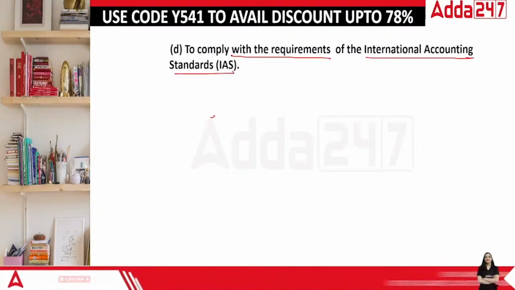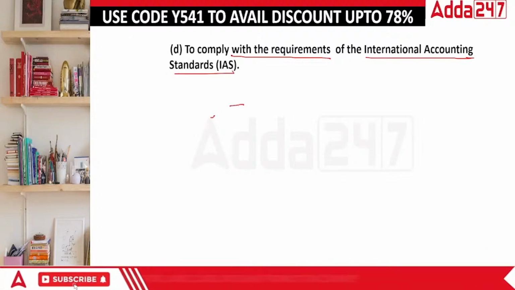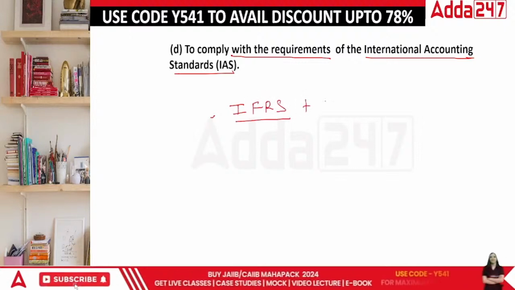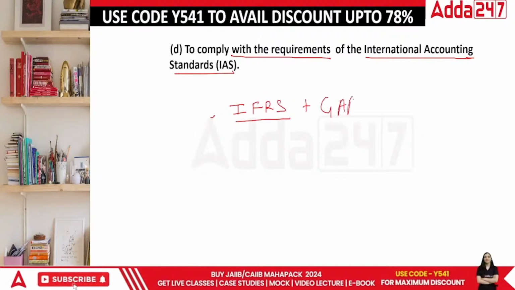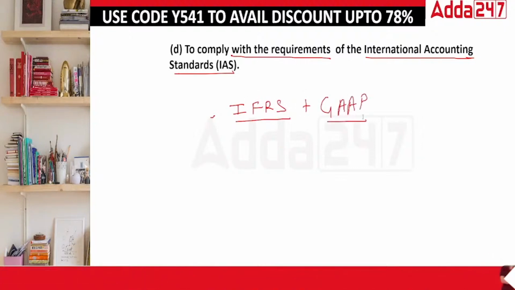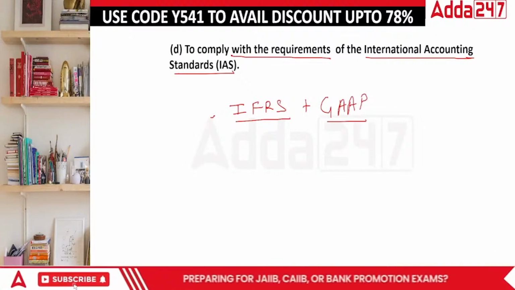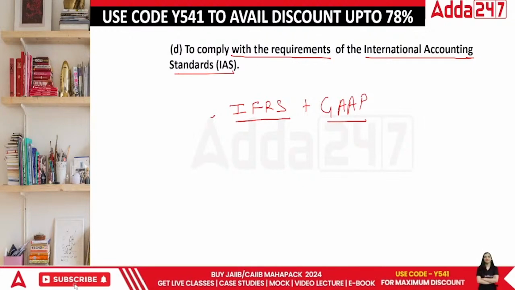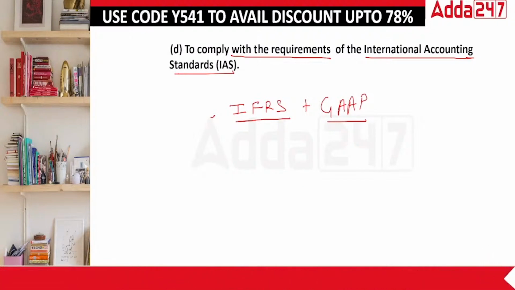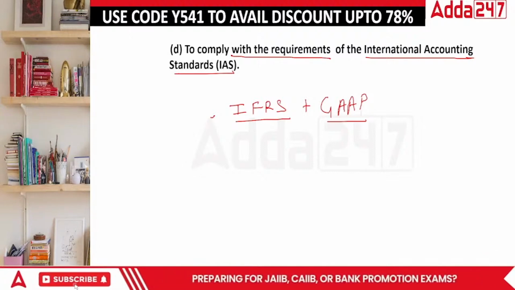That is IAS. They are also known as International Financial Reporting Standards and Generally Accepted Accounting Principles. Done, everyone? Okay, moving on to the next point.